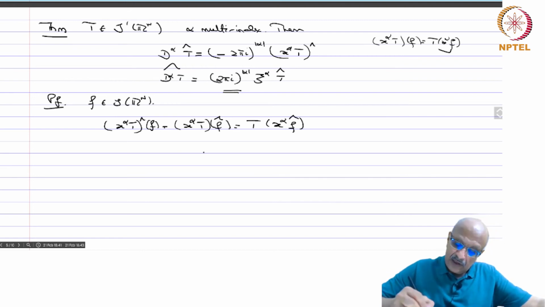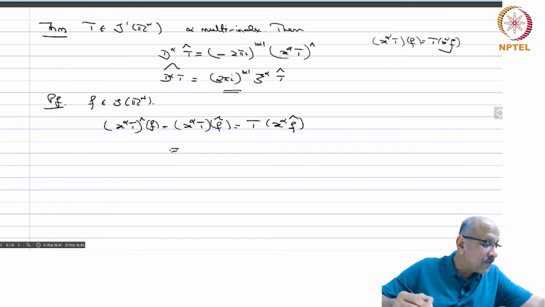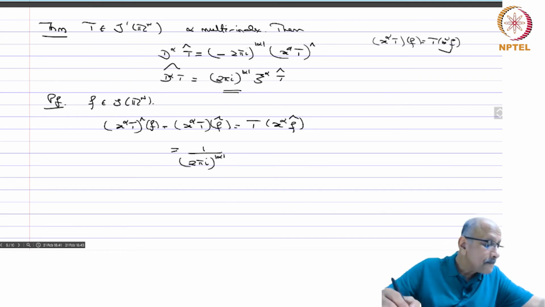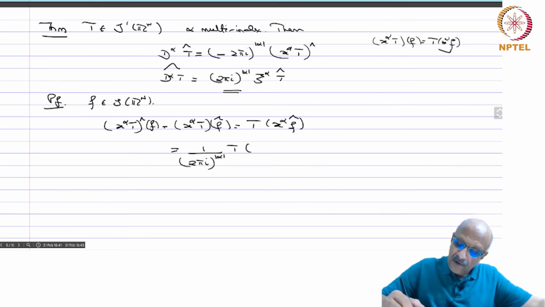But we have seen this: x^α f hat is 1 by (2πi)^|α| times T of ∂^α f hat, and that is equal to 1 by (2πi)^|α| of T hat ∂^α f.